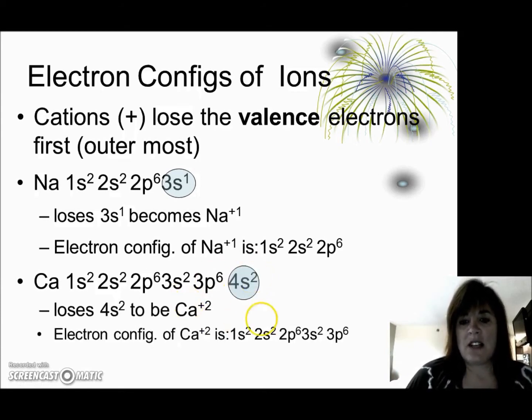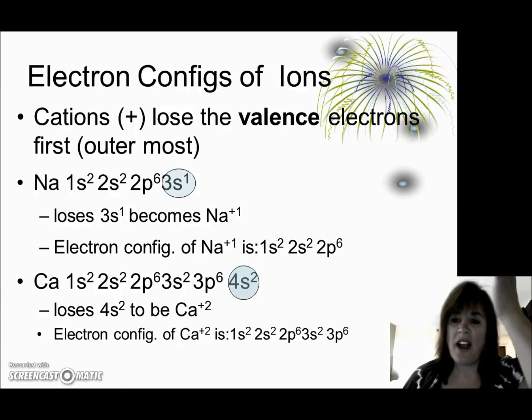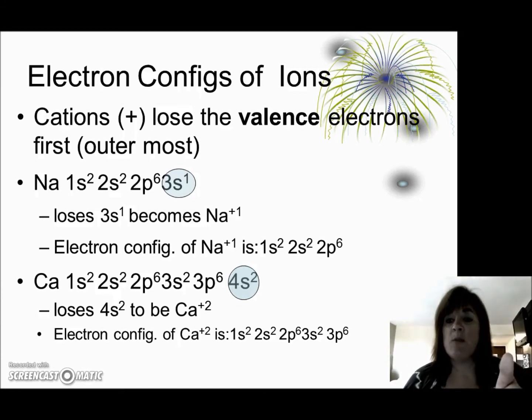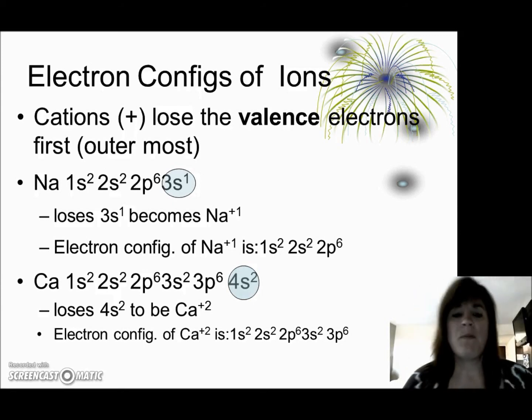And so its electron configuration for calcium +2 is 1s2, 2s2, 2p6, 3s2, 3p6. So when atoms form ions, it's because they're losing that outermost electron, and that's why everything in the first column is +1 because it only has 1 valence electron, and everything in that second column is +2 because there's only 2.